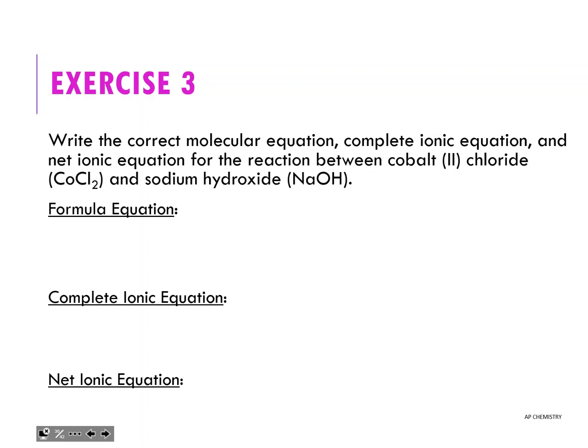Write the correct molecular equation, complete ionic, and net ionic equation for the reaction between cobalt-2 chloride and sodium hydroxide. Now, making the assumption that you know that these are solutions, these are aqueous. All right. So, formula equation.